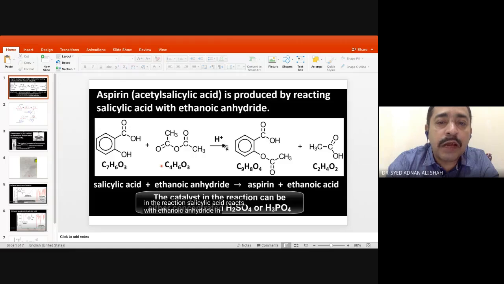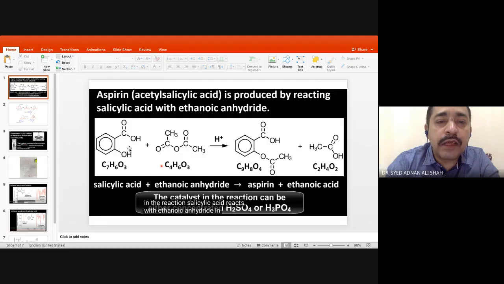So the reaction will occur in the presence of acid. Acid can be the sulfuric acid, can be the phosphoric acid, right? So this H comes from the sulfuric acid, HSO4 minus, or in some cases there will be the phosphoric acid.